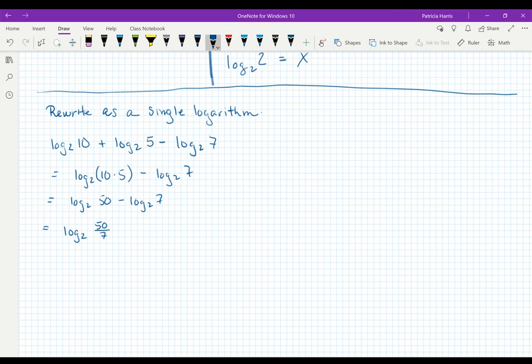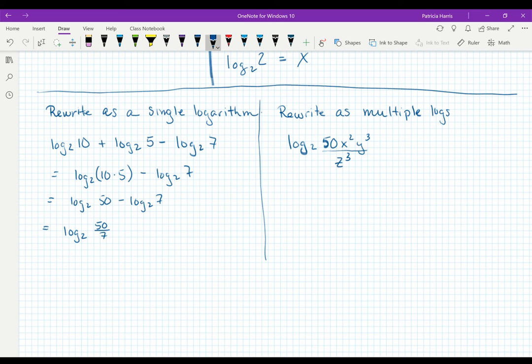All right. Let's expand. Okay. All right, so I have log base 2 of 50 times x squared times y to the third, all divided by z to the third.